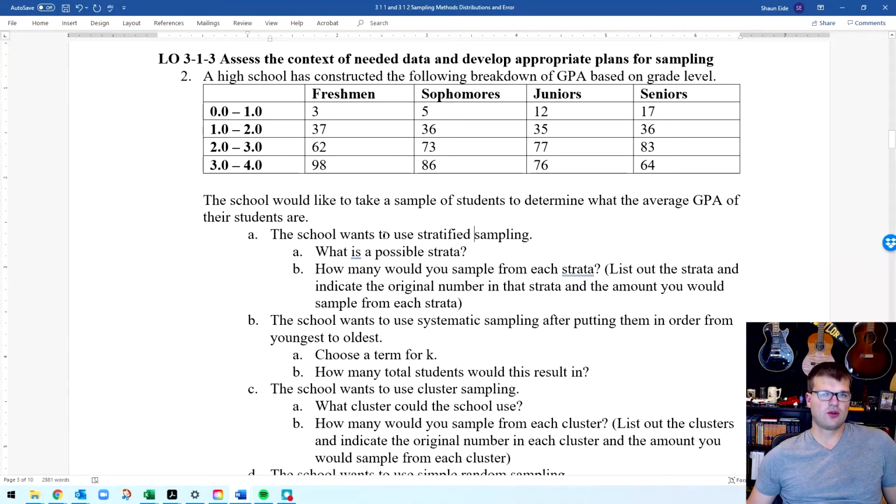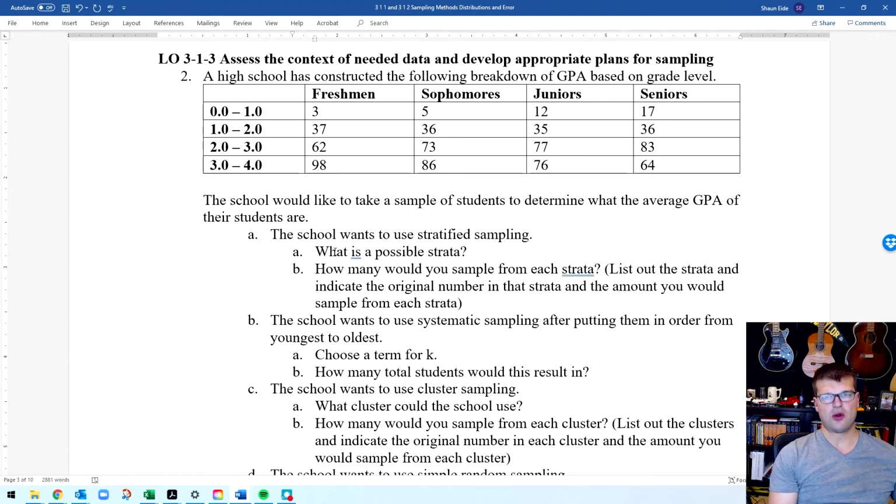Okay, so the school wants to use stratified sampling. What is a possible strata? Okay, what I mean by that is, looking at this, what is the strata that you're looking at? How is it stratified? How is the data broken up?